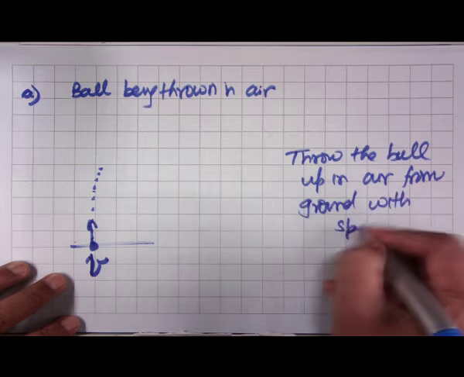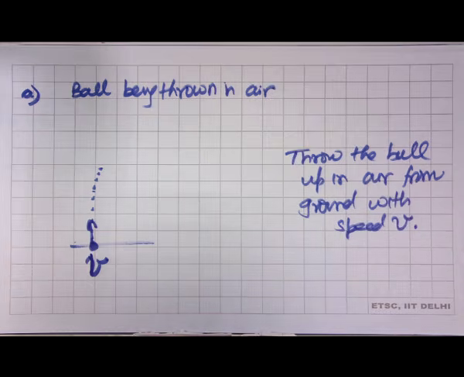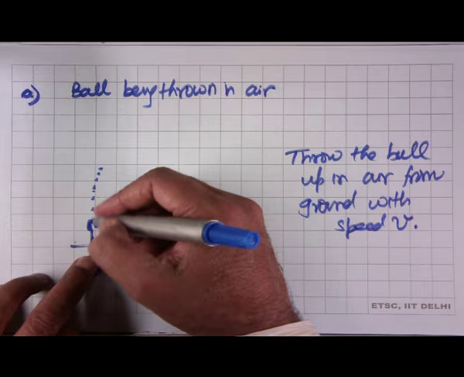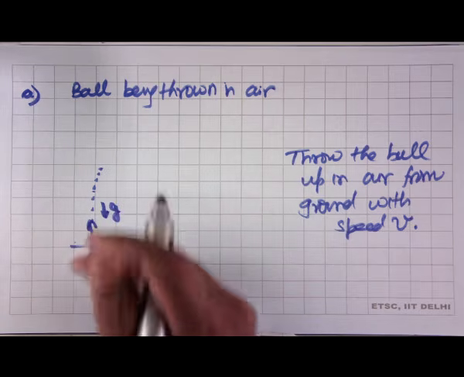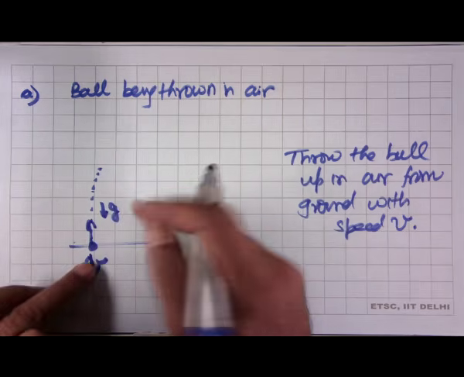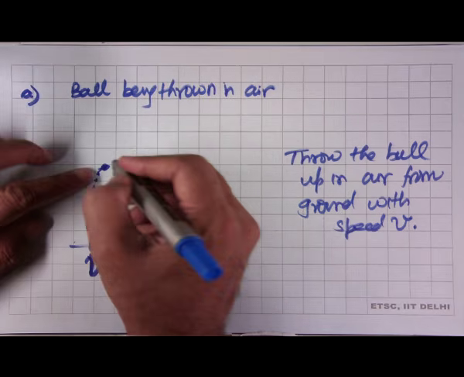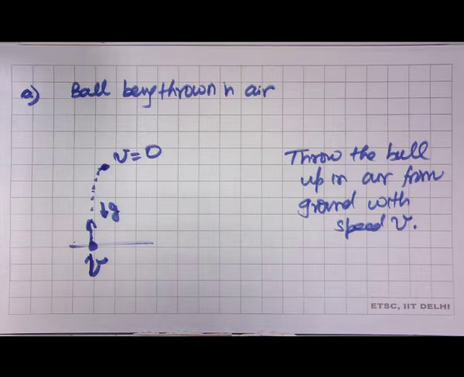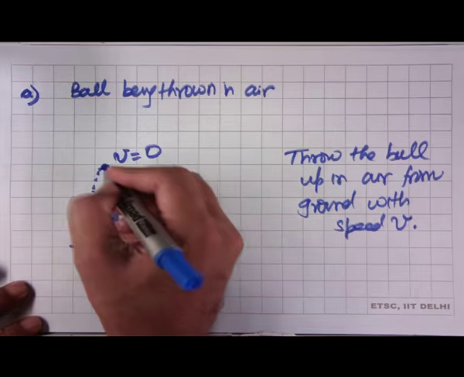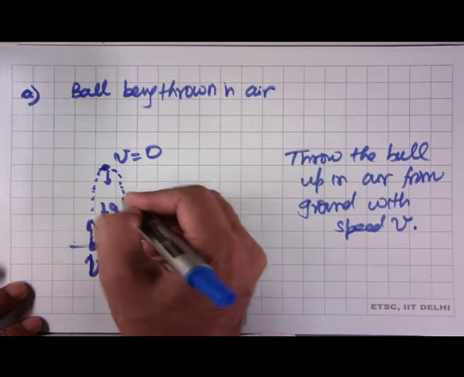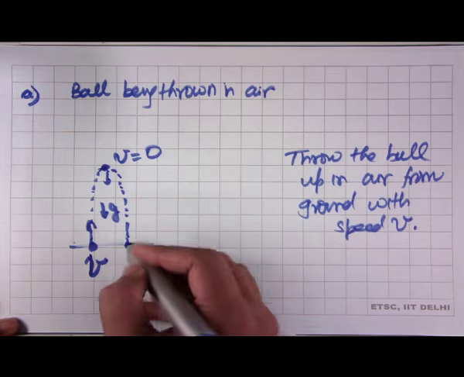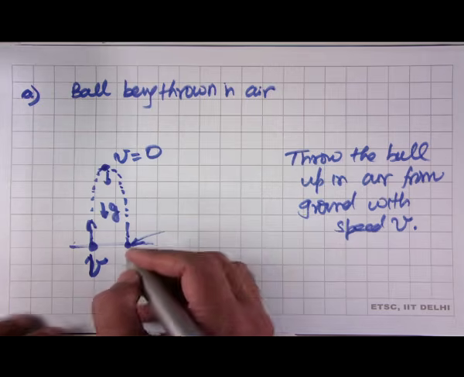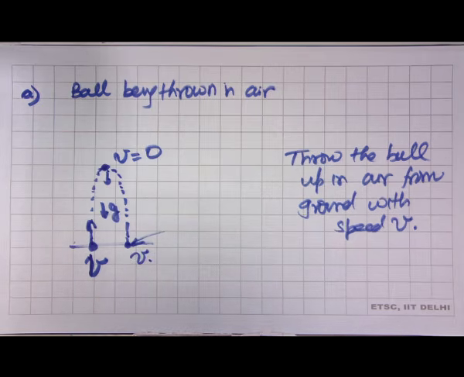As the ball moves up, gravity acts in the downward direction, so the speed starts to reduce; this is a retarding force. Eventually, a point comes where the speed of the ball becomes equal to 0, and gravity is continuously acting down, so it starts to come down and comes back to the ground. If there is no air friction, when the ball comes down, it will have a speed v again.